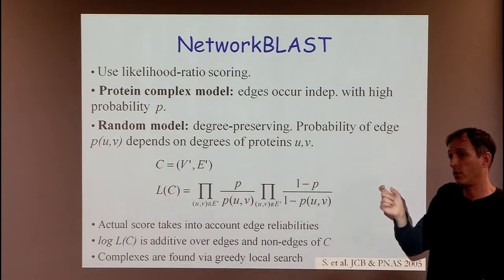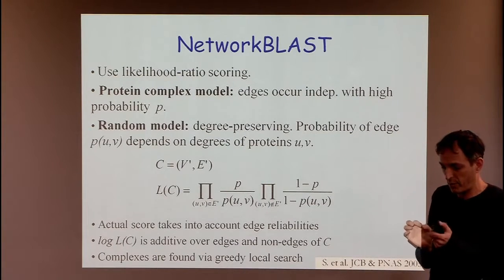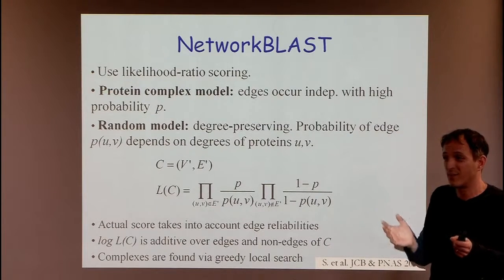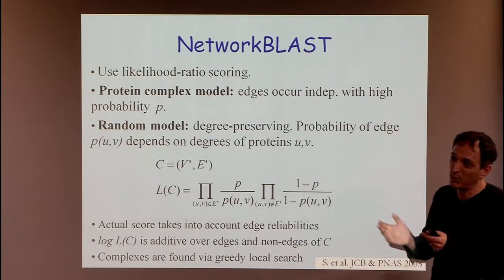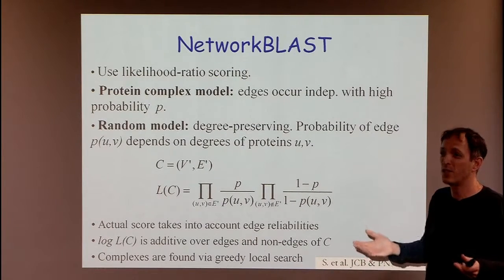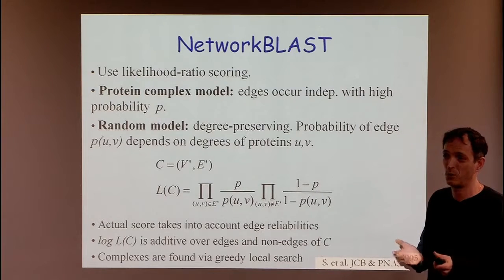However, if you have two proteins that have very small degrees, and by chance all of them interacted together, then of course it's a false positive, but nevertheless the chance of it happening is very, very small.